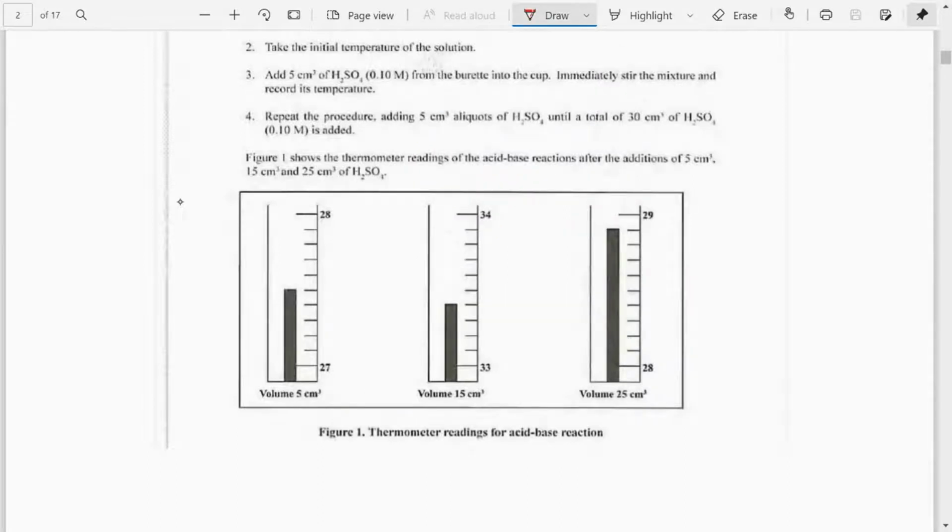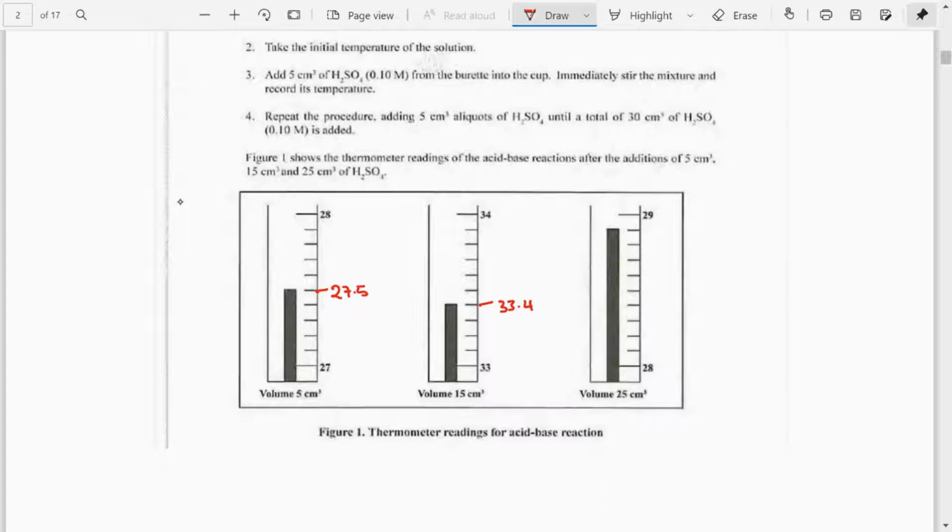Alright, so at 5 cm cube, the temperature reading is 27, so this would be 0.1 each, so 27.1, 2, 3, 4, 5, right there, 27.5. At 15 cm cube, it's at 33.1, 2, 3, 4, so 33.4 degrees Celsius.